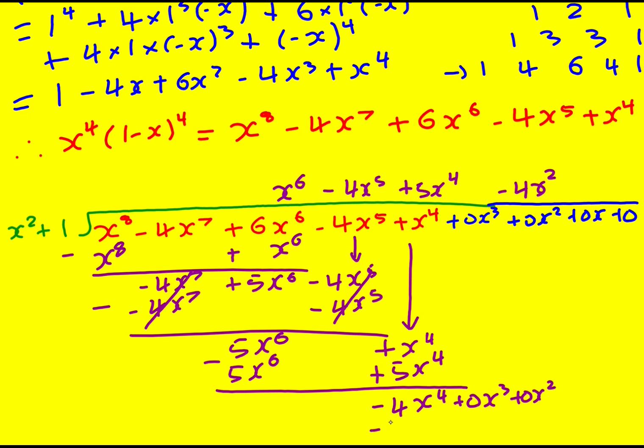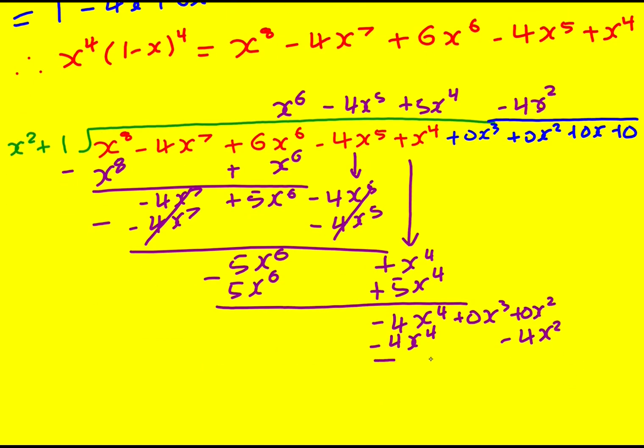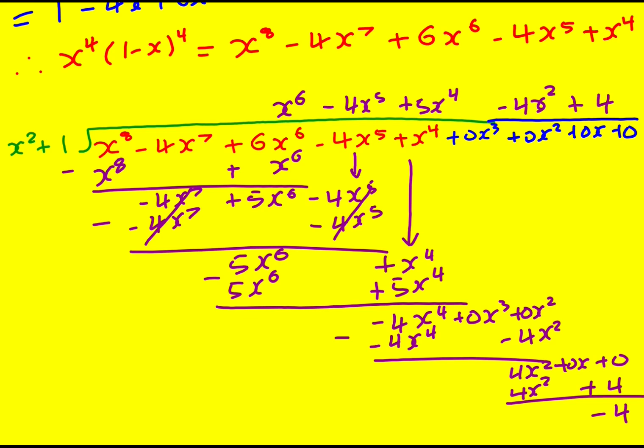Multiply back through. And then I'm going to get a plus 4, from which I'll be left with minus 4 as my remainder.